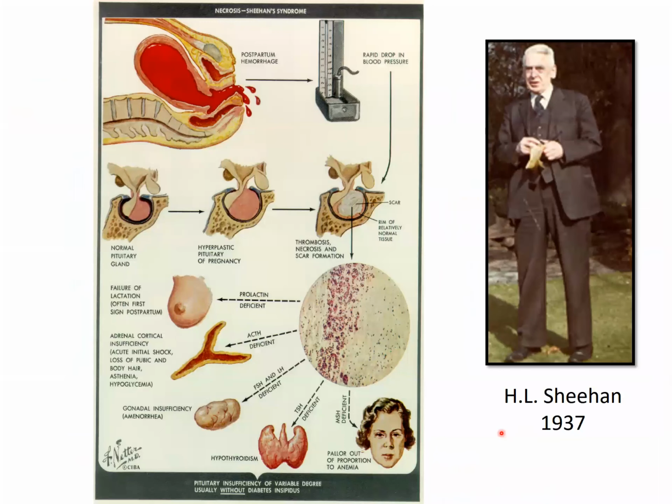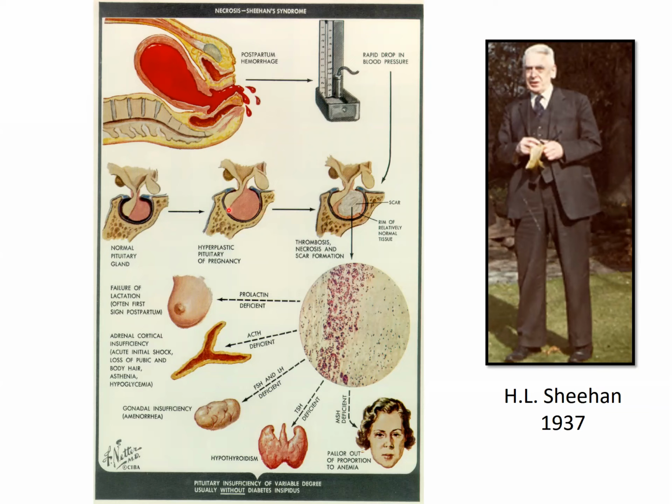So we do have a very famous panhypopituitarism that is called Sheehan Syndrome. Sheehan Syndrome is a disease that occurs after pregnancy when the pregnant woman loses too much blood during delivery, and this is why the pituitary can be necrotized.